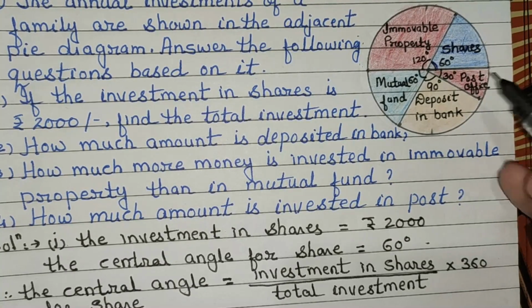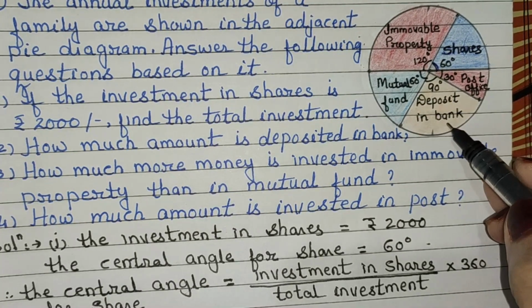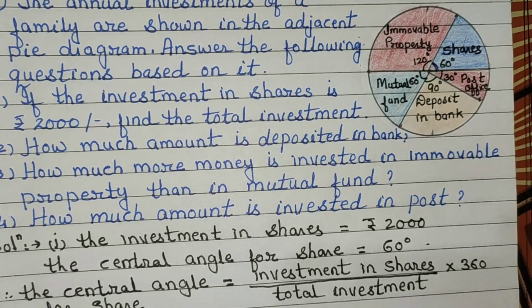The central angle for deposit in bank is given here 90 degree.